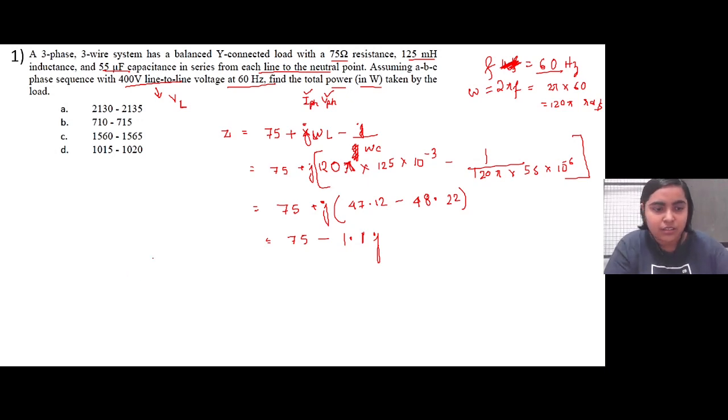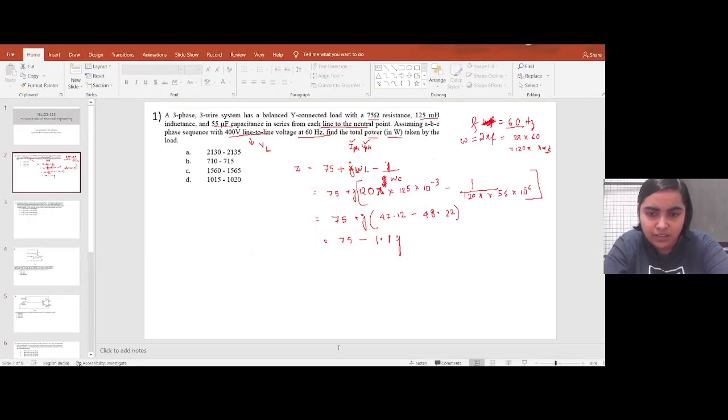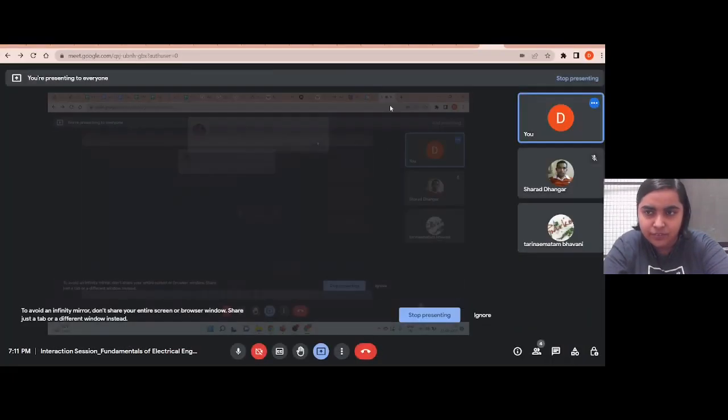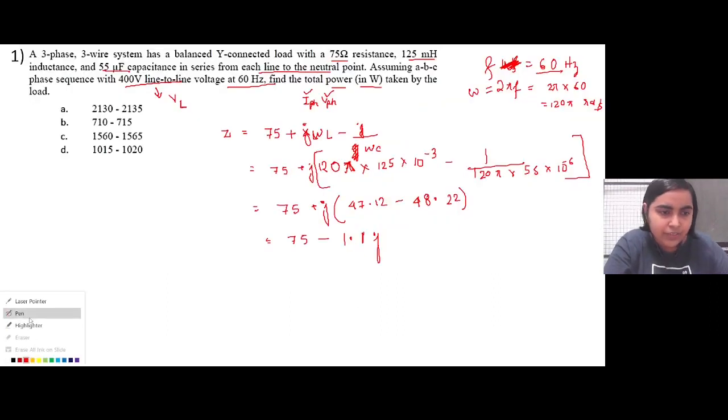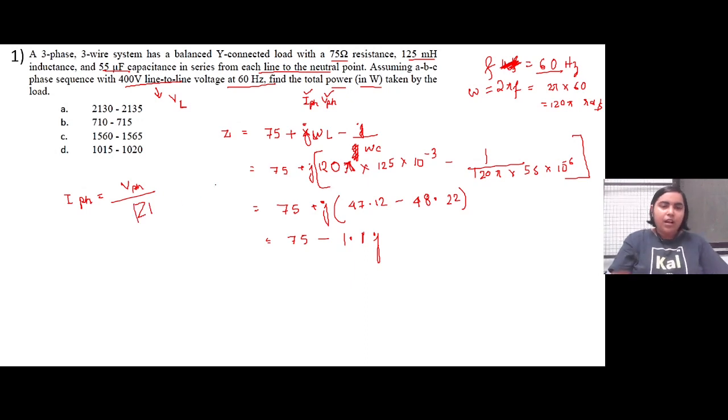So now that we have the impedance, we can calculate the phase current. This is for each phase. So the phase current will be V phase by Z. We are given the line to line voltage here, VL, so we can calculate the phase voltage from here.